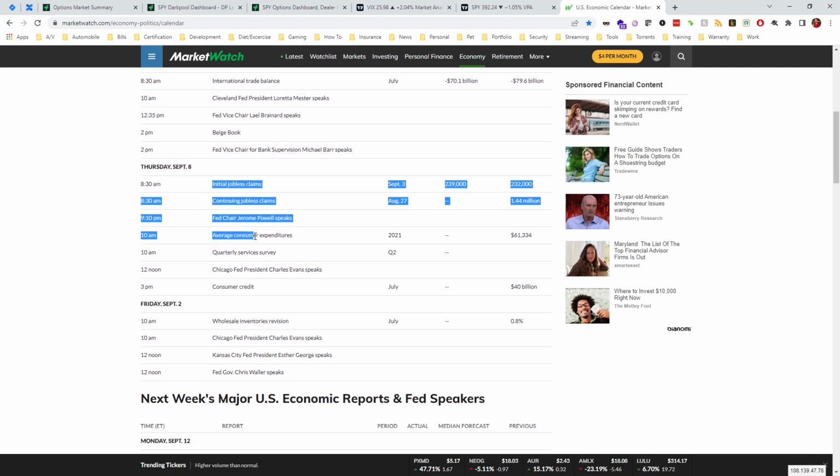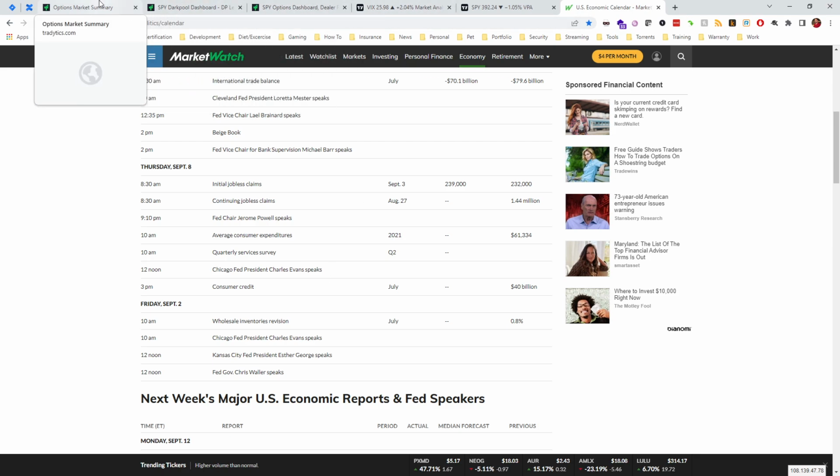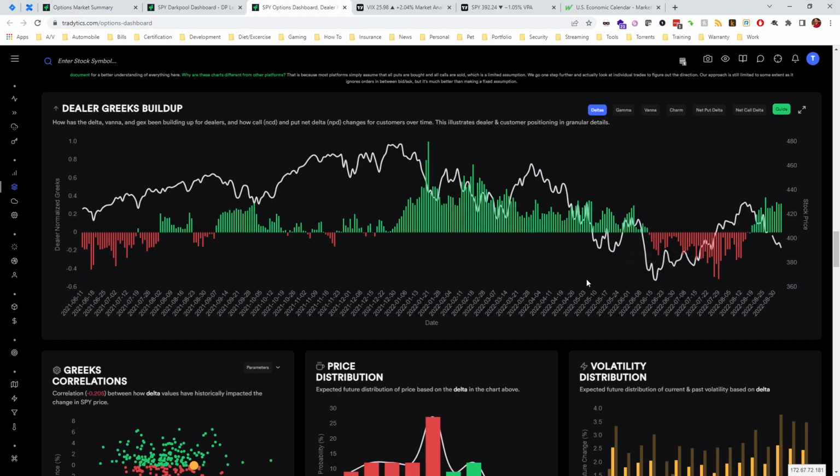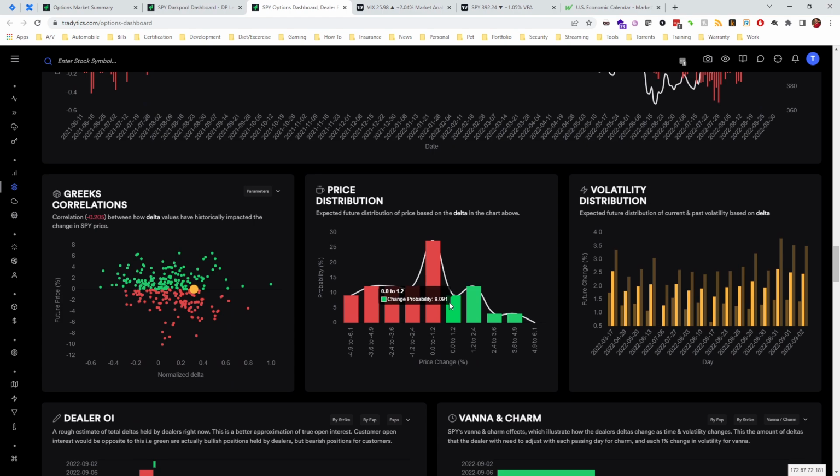So in terms of Thursday, September 8th, it could mean that we're just essentially going to chop around until after we see this data released here. And that might be some of the reasoning behind why we're seeing delta structured this way. So it's just something to consider and something to plan ahead with.